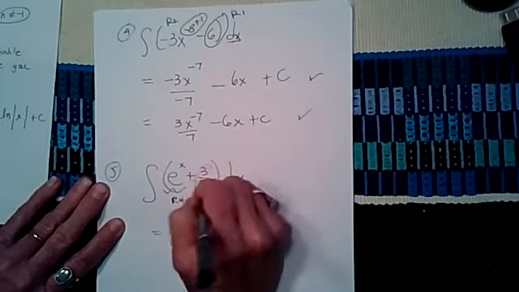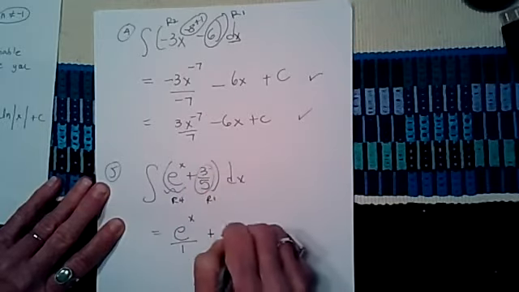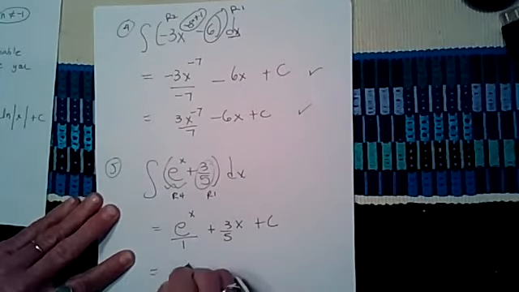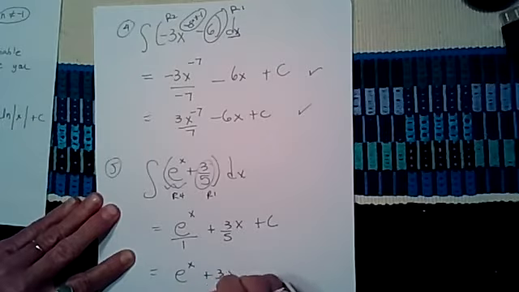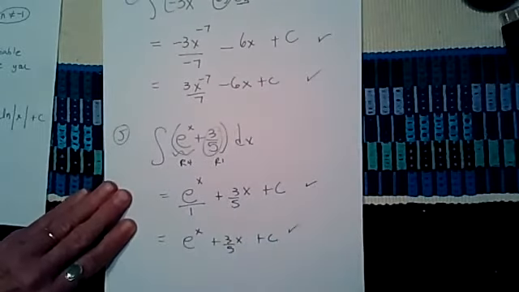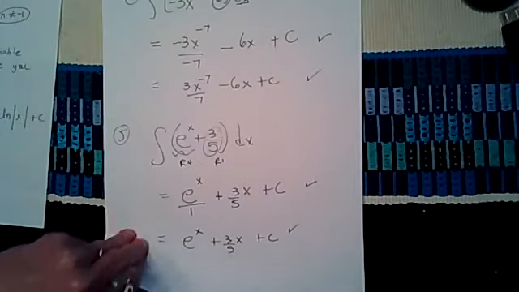Plus, this is just a constant, so that's rule 1, 3/5 x plus c. And you don't have to divide by 1. You could just call it e to the x plus 3/5 x plus c. Either one of these will be fine for your answer, just whatever you're comfortable doing. Okay, let's go to the next one.